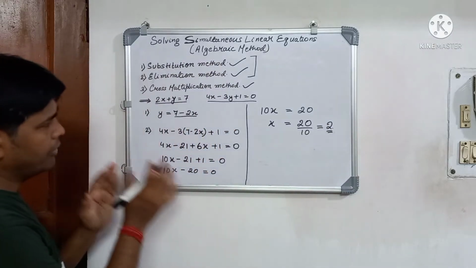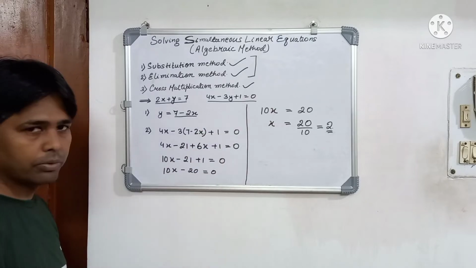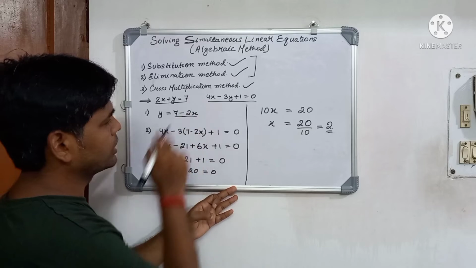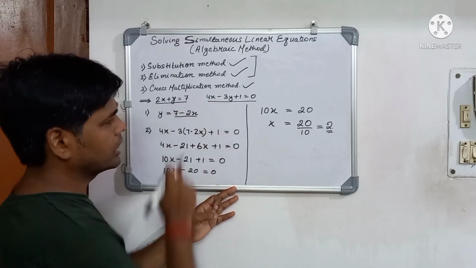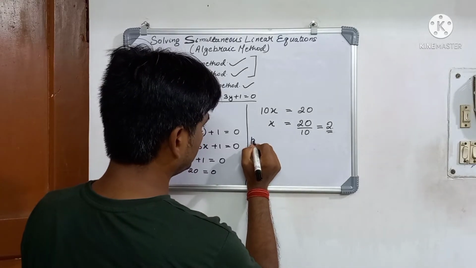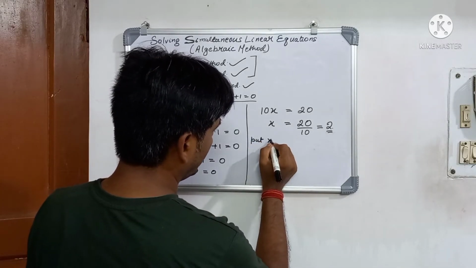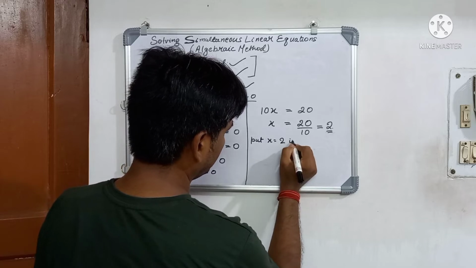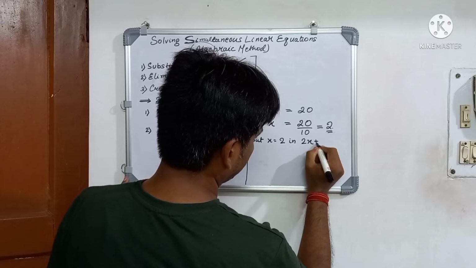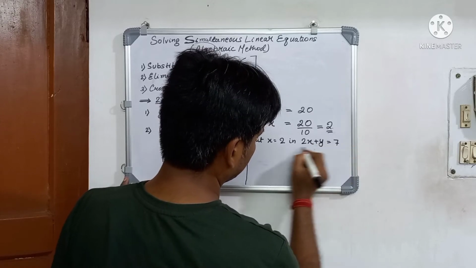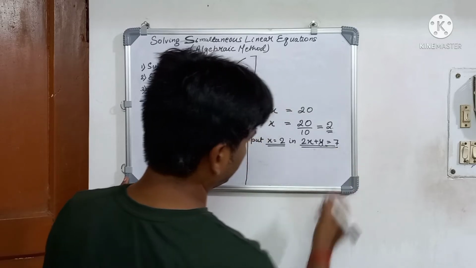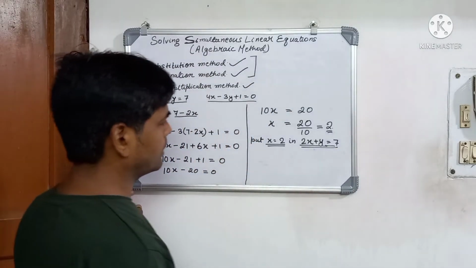Now, after obtaining the value of x, we put this value of x into either equation, and then we can obtain the value of y. Let us say I put x is equal to 2 into the equation 2x plus y is equal to 7.